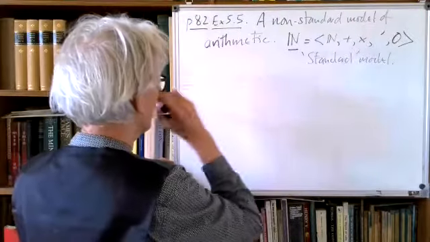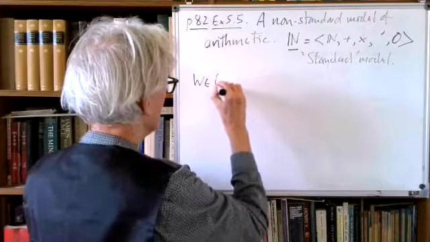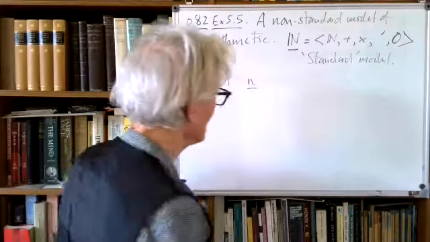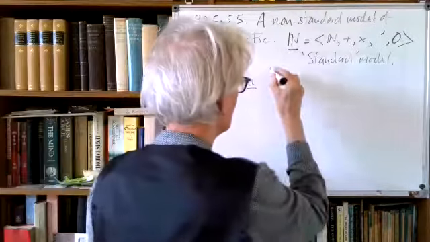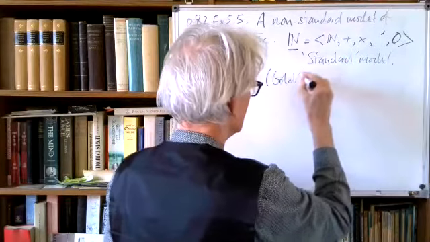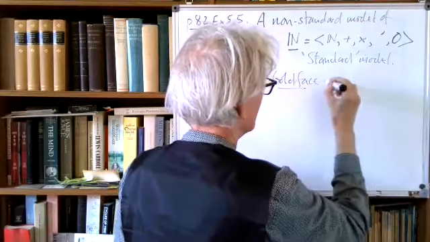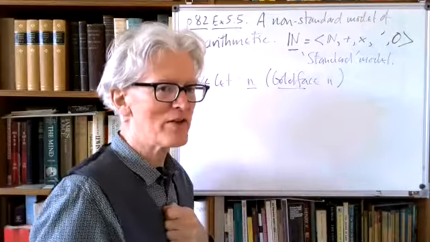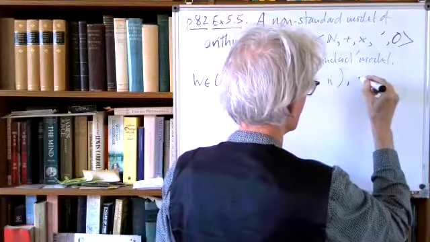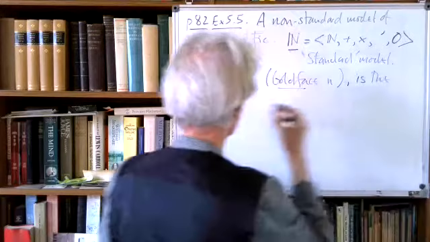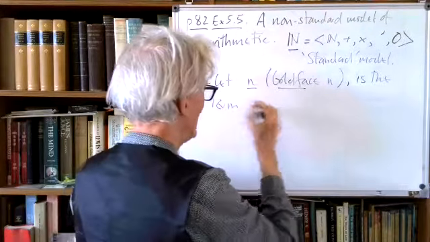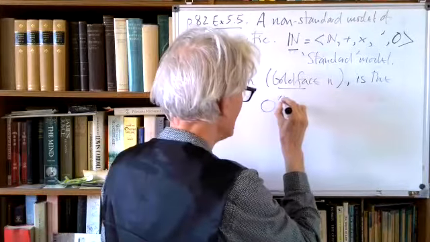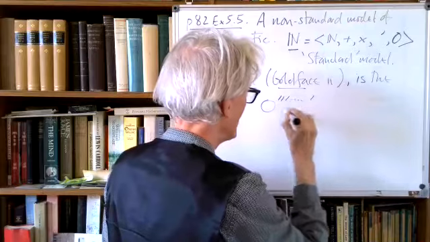So we shall use the following. In the notes, this is boldface n. I will put an underline here. This will be a term of our language, where I take the 0 constant and I put n many primes after it.